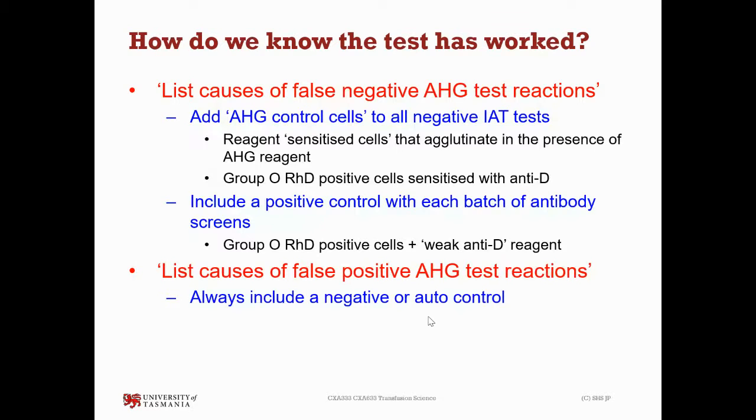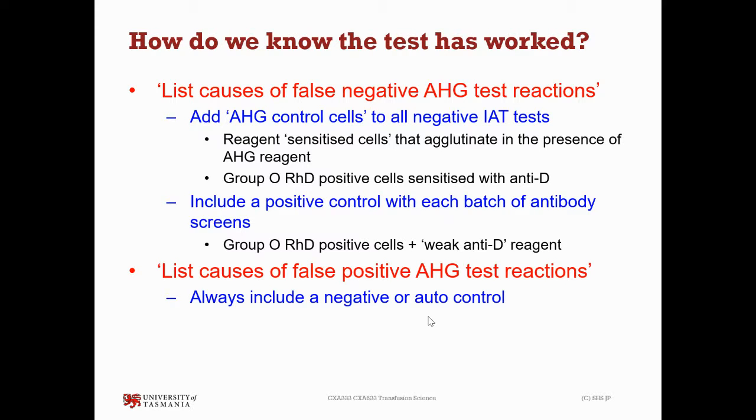With our panels, the only reason you do a panel is because you've got a positive result. You've detected an antibody in your screen. Therefore, you know some of the panel cells will be positive. So we need something we can compare those positive results to. And we use an auto control rather than a negative control, just in case it's an autoantibody.